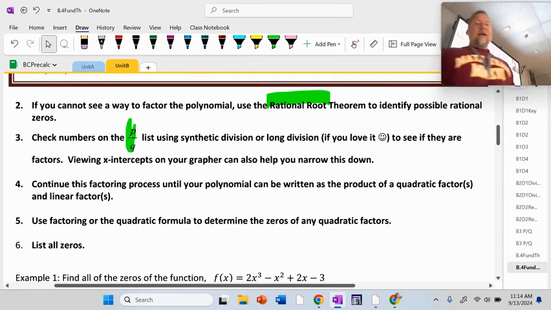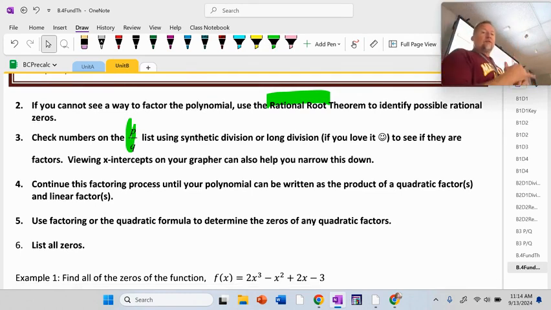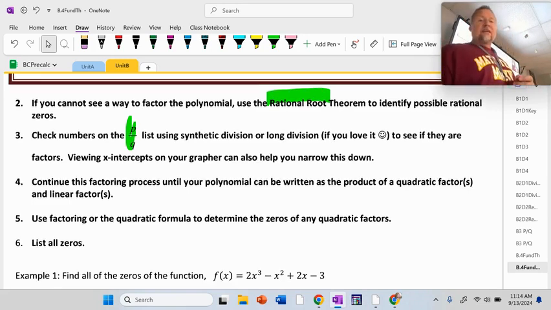Okay, so we can still do the rational roots theorem, but watch how some of these questions are very specifically worded. If we do get a success, then we can continue the factoring process, or we might have to use the quadratic formula. That's what number 5 says. And then list all the zeros.